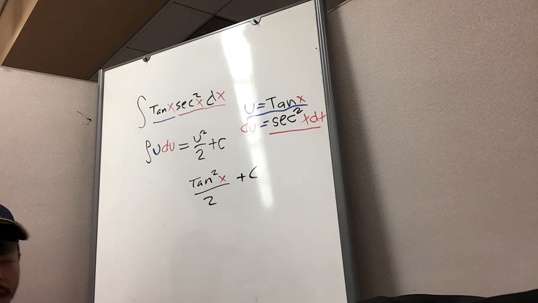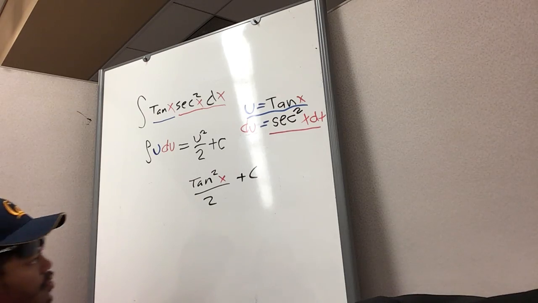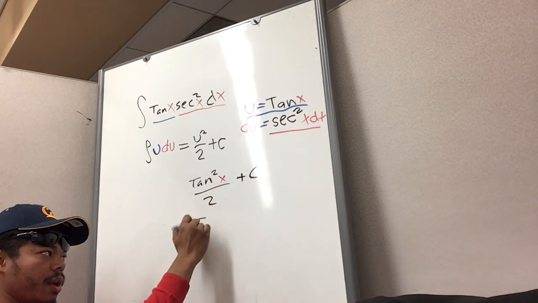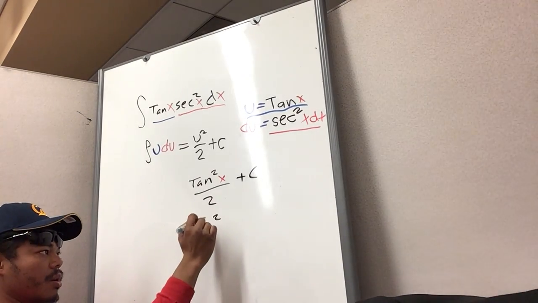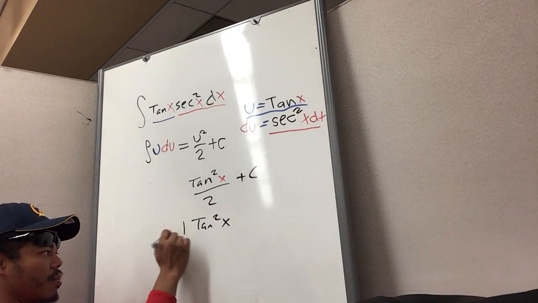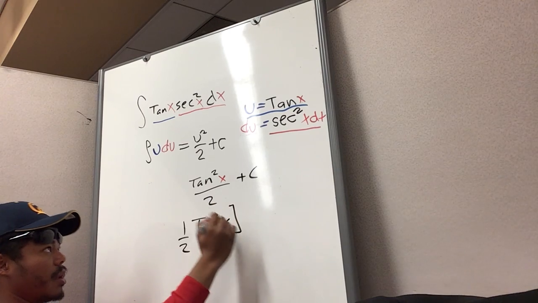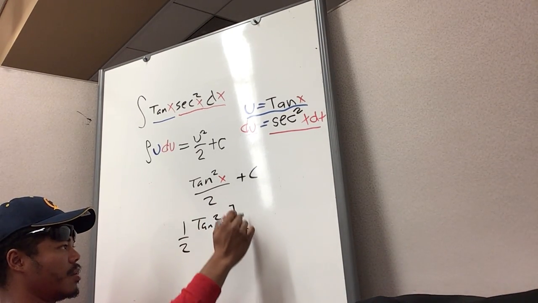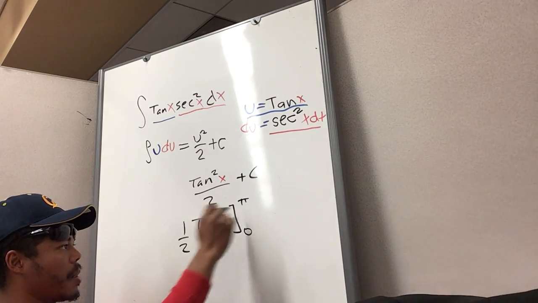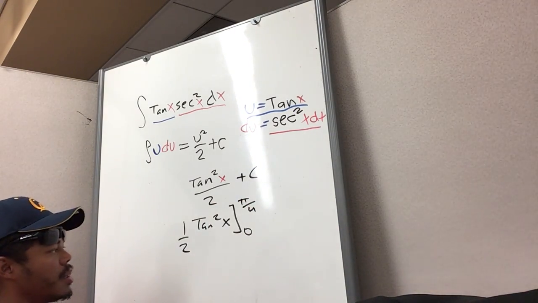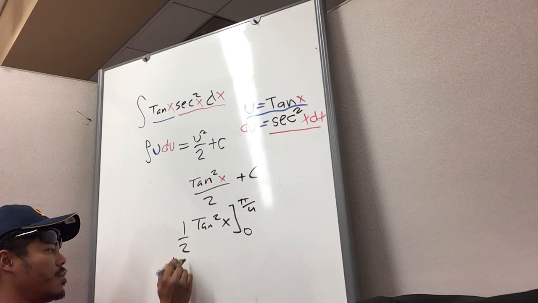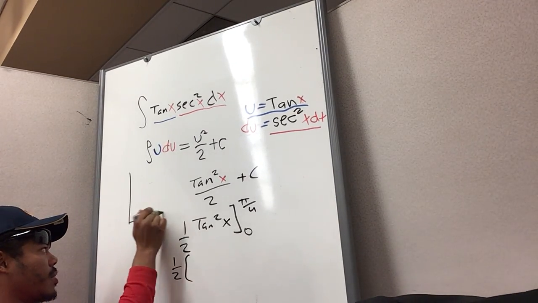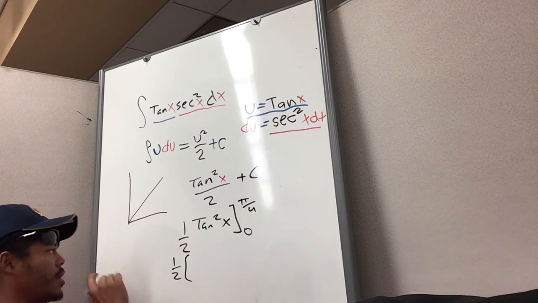And for practice, this is how I always do it. And then I just rewrite it, tangent squared x over 2 evaluated from wherever it's going. In this case, it was from 0 to pi over 4. And then you plug it in. So this is 1 over 2 times, here's your graph, pi over 4 is right here.